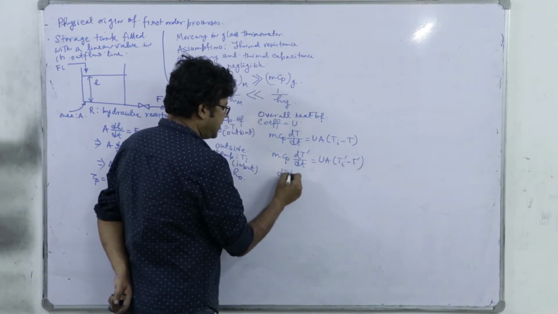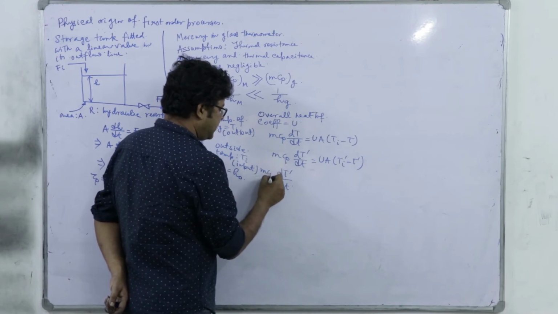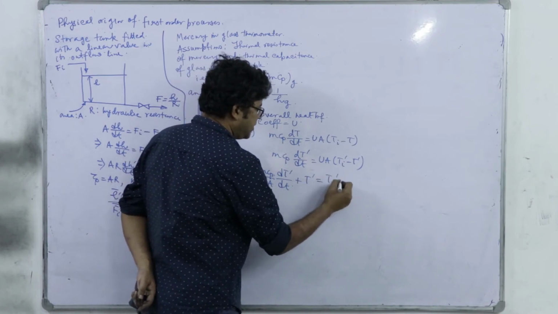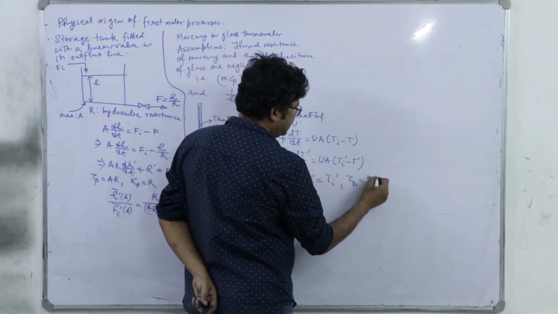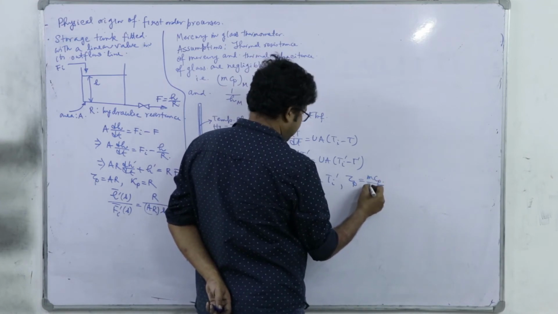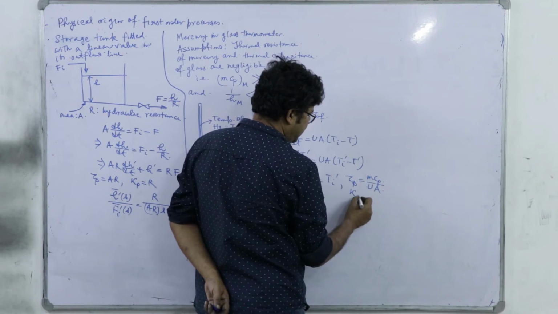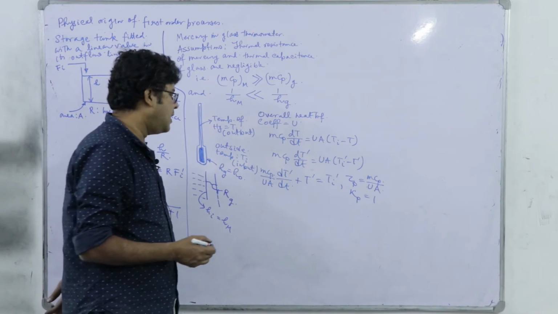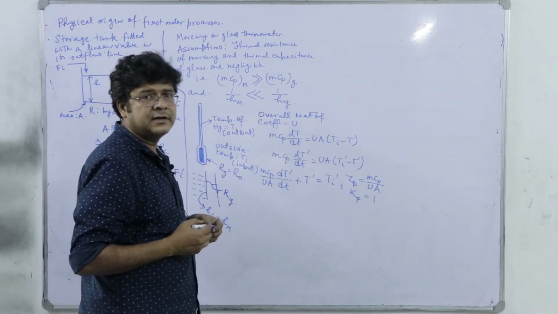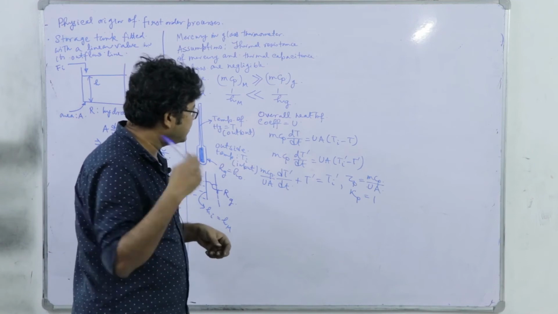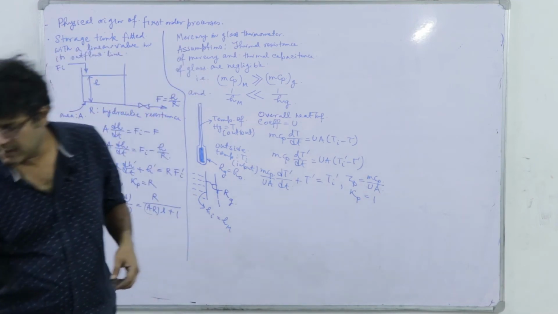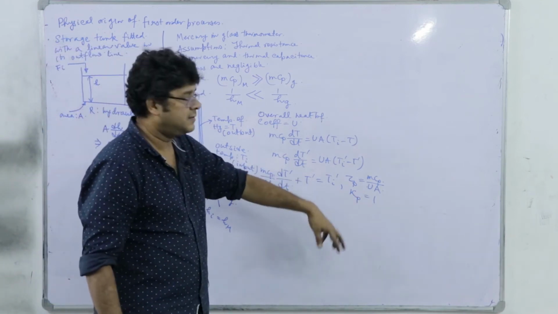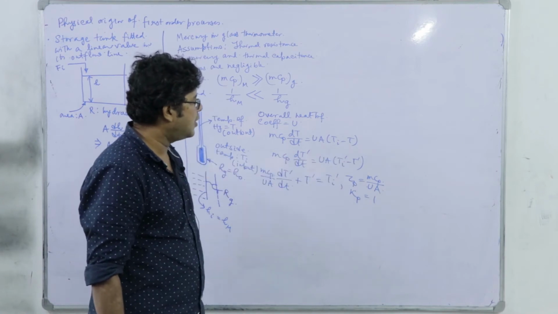So we have (m Cp divided by UA) dT'/dt plus T' is equal to Ti'. So the time constant is m Cp divided by UA and the gain Kp is equal to 1. If I consider the thermometer's mercury temperature as the output and the surrounding temperature as the input, we have a gain 1 system and m Cp/UA is the time constant.